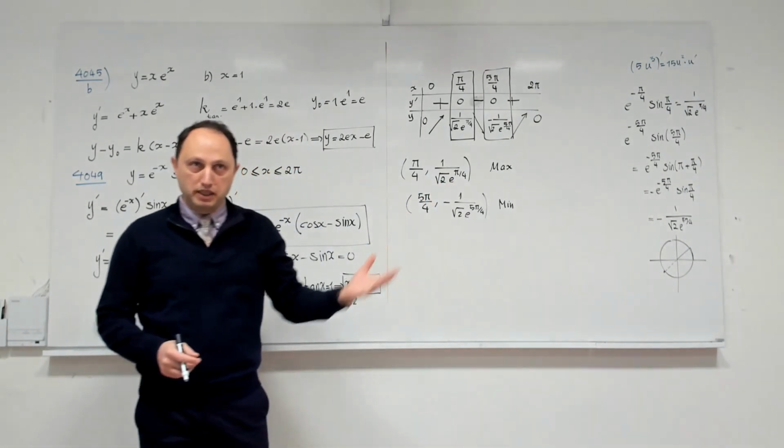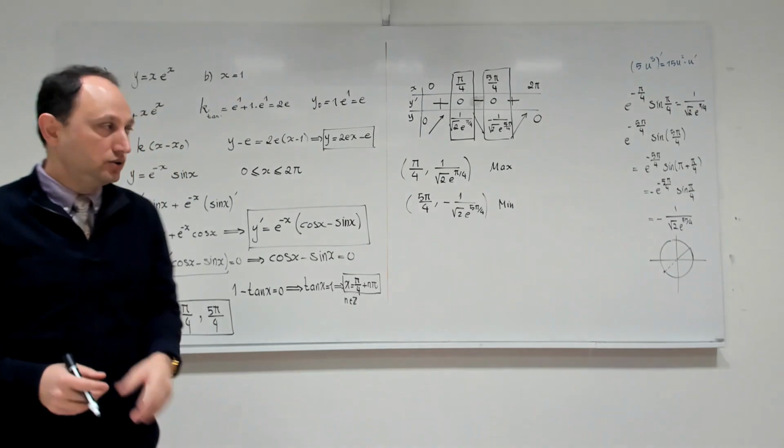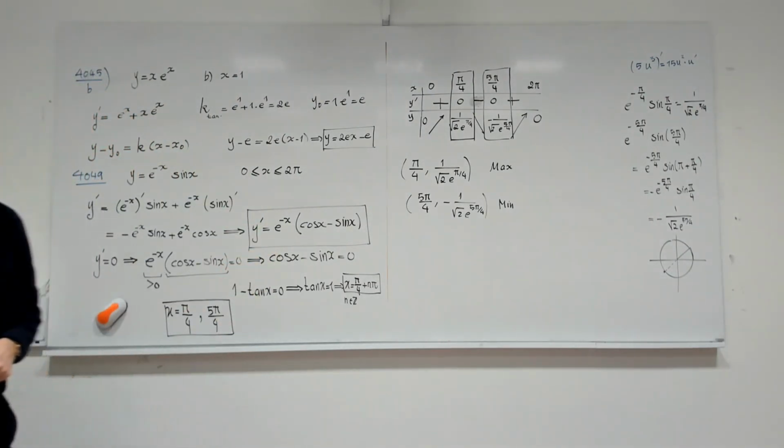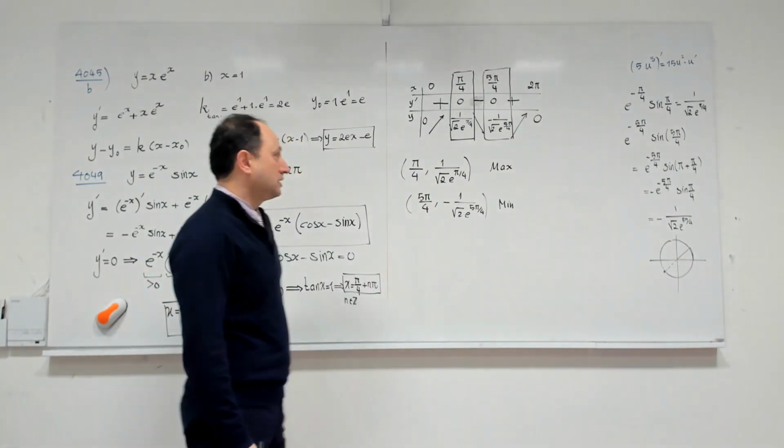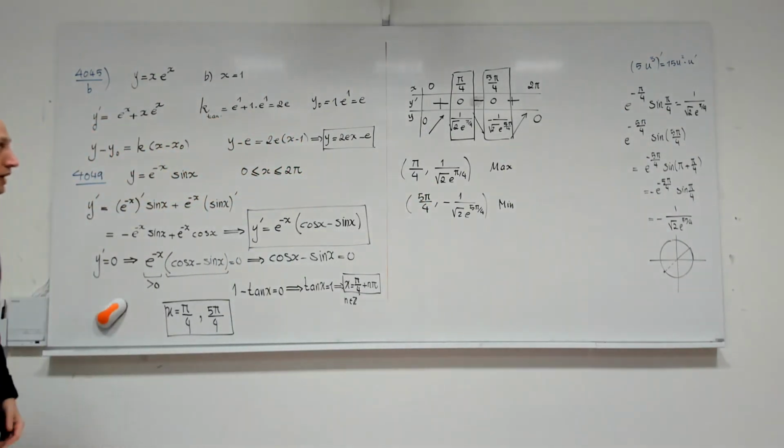If they ask you about the value, that is the y value. If they ask you about the point, you have to write both x and y coordinates. And if you are asked where this is attained, they are asking you about the x coordinate. So in this case, there are no terrace points at all. So these kinds of questions, you need to remind yourself.